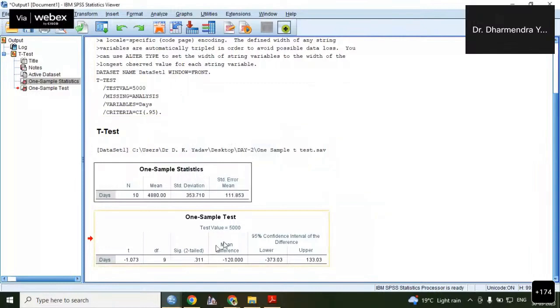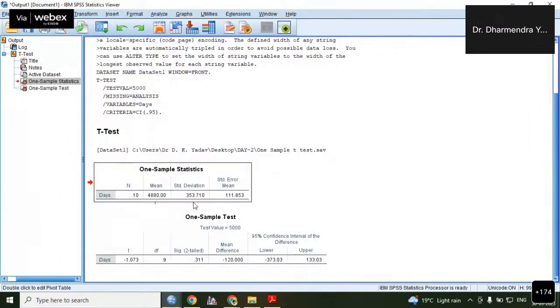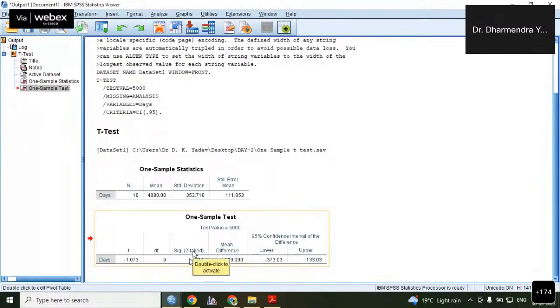Now we will check the one sample t-test: what is the mean. This is the sample mean, 4880. Then the standard deviation, and this is our population mean. Now we will check the significance, meaning the value of the p value.